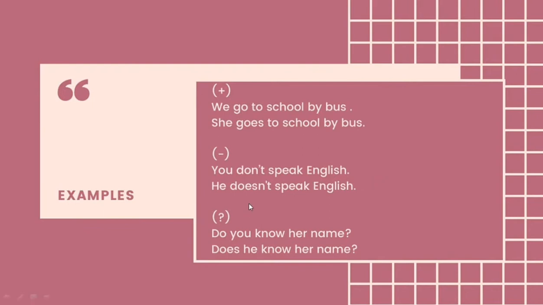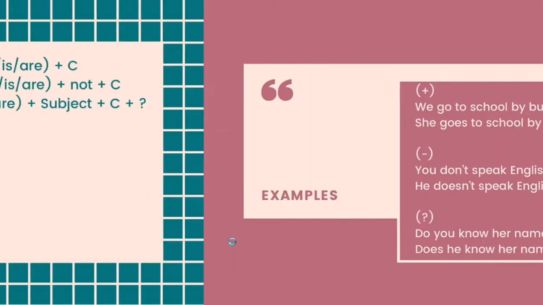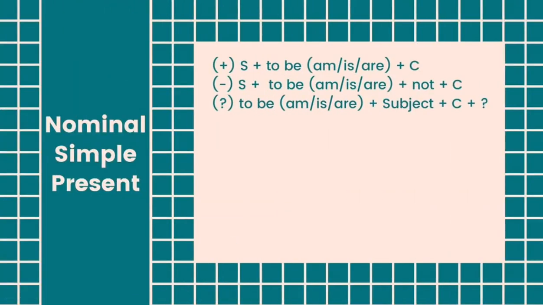So he doesn't. Not he don't speak, but he doesn't speak. And for interrogative, same. Do you know her name? Because the subject is you. And does he know her name? Because the subject is he, so it used does. Next, nominal simple present. It is the same, but you have to remember this.